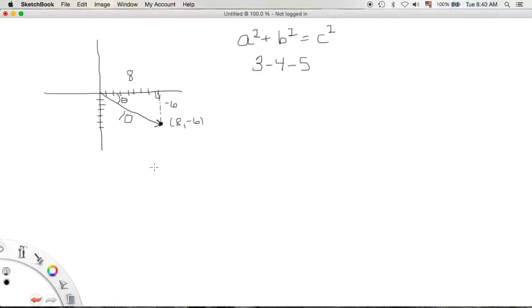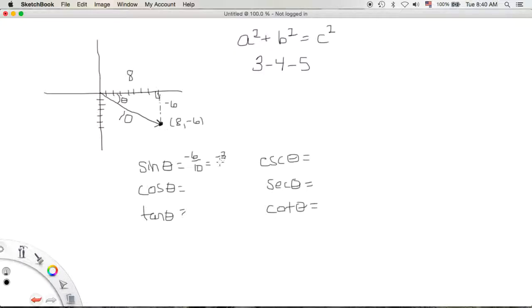So now if we want to find all of our ratios, sine, cosine, tangent, cosecant, secant, and cotangent, then we just use what we know. Opposite over hypotenuse. And then, of course, we can simplify that. And then cosine is adjacent over hypotenuse. So that's 4/5.